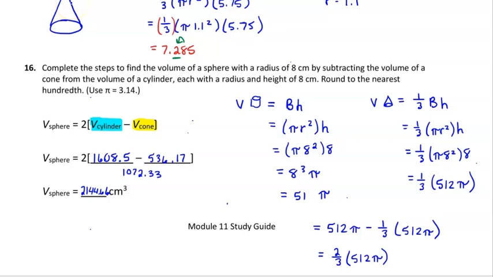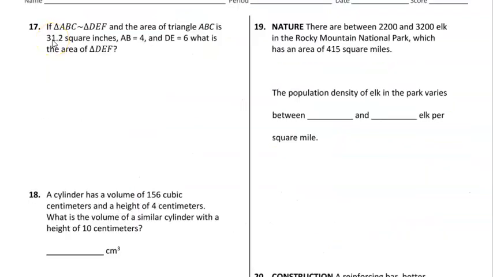And notice that here it says use 3.14 for pi. When I round to the nearest hundredth, it's automatically going to do that for me, but you might want to be careful, especially on questions like this where you have to write in your answer that you're using 3.14 instead of pi or instead of your exact answers as you're working. All right, moving on to number 17.